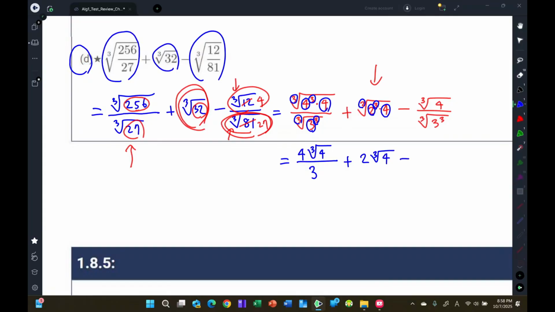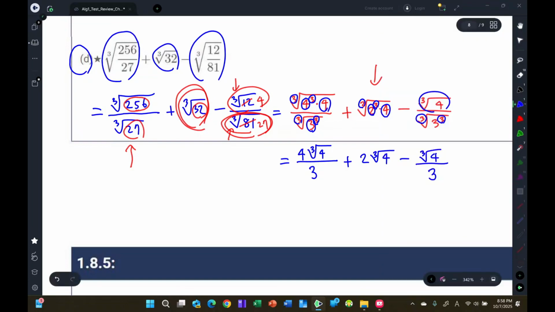And then this is cube root of 4 over cube root and cube. They cancel each other, so 3 has a key, so it comes out as 3.